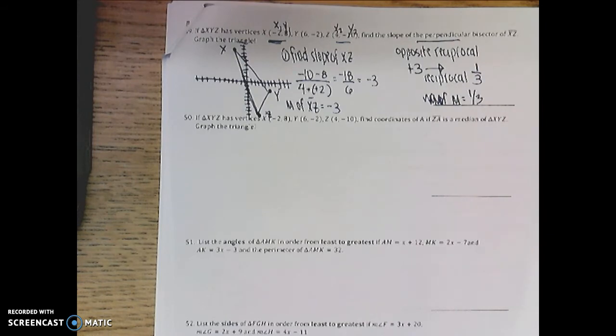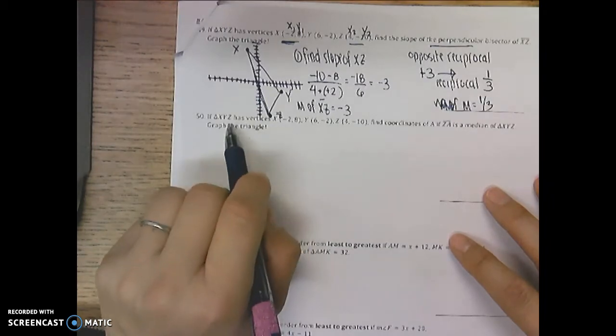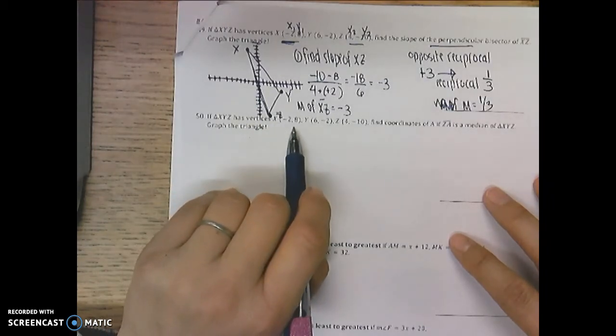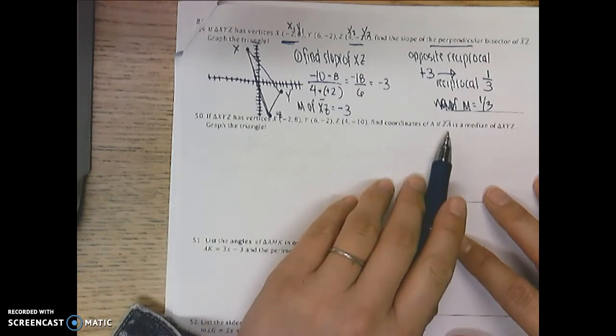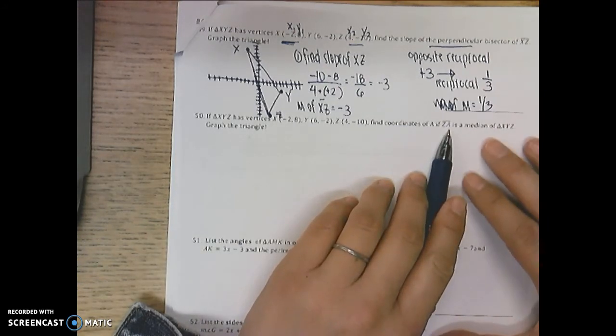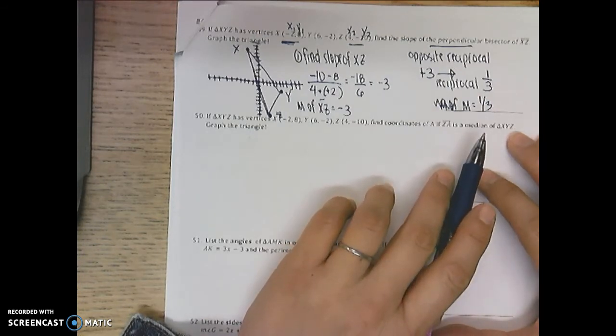Moving on to 50, it says XYZ has the vertices (-2, 8), (6, -2), (4, -10). Find the coordinates of A if ZA is the median of XYZ.